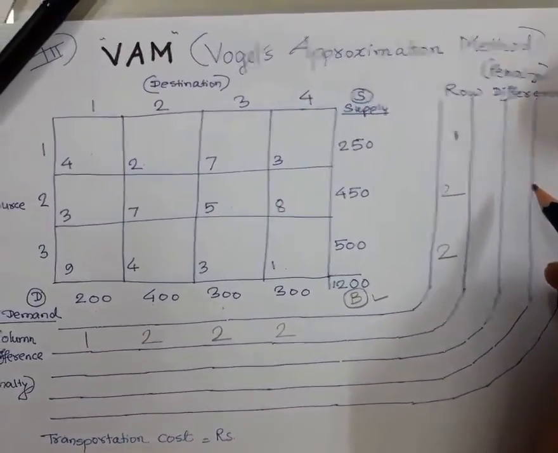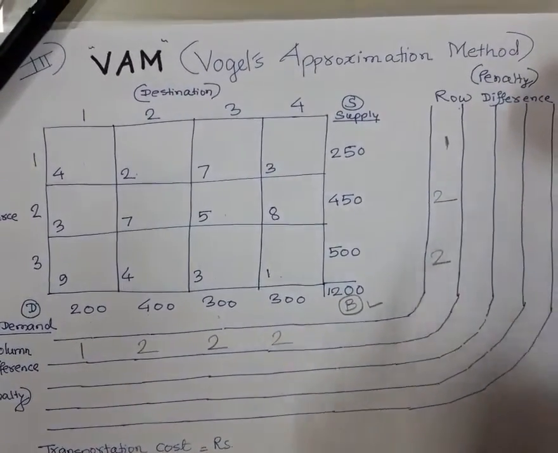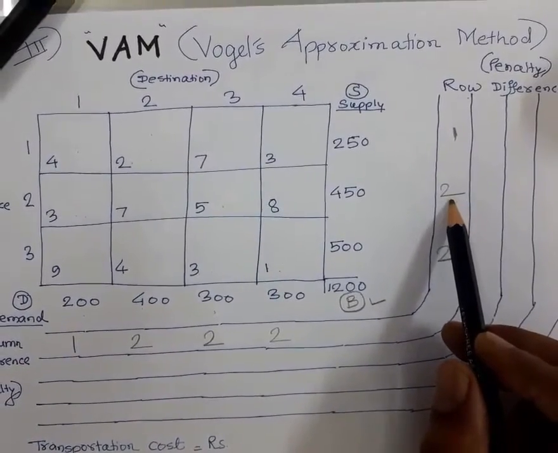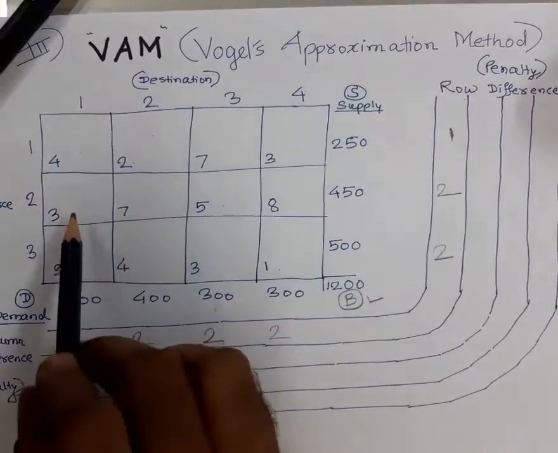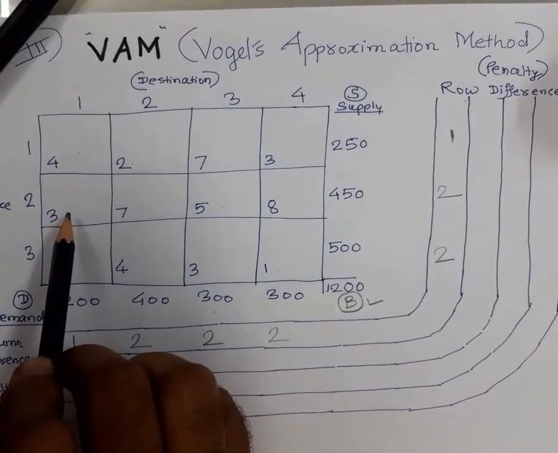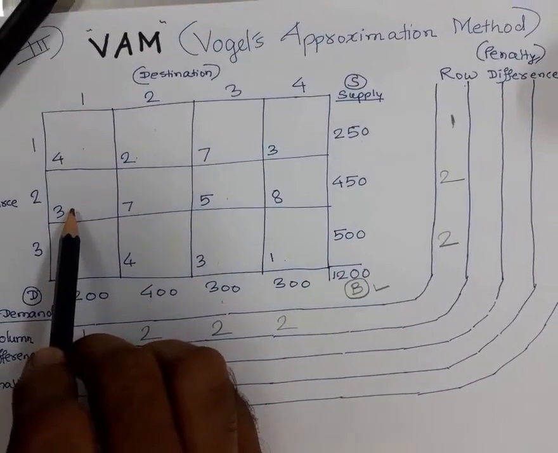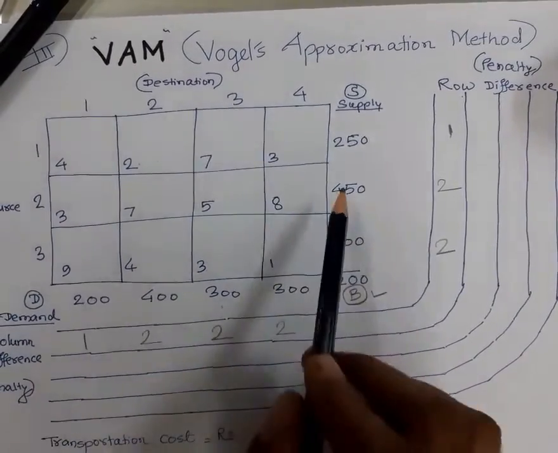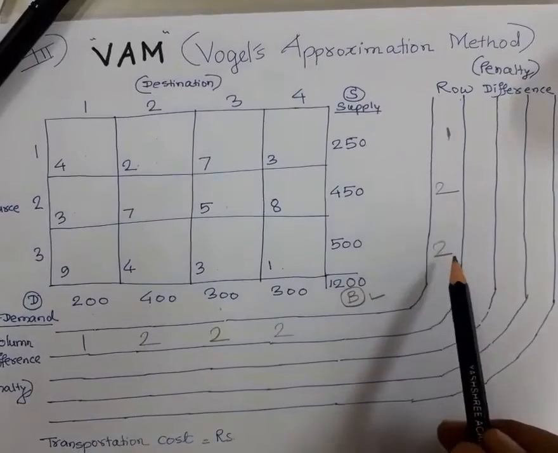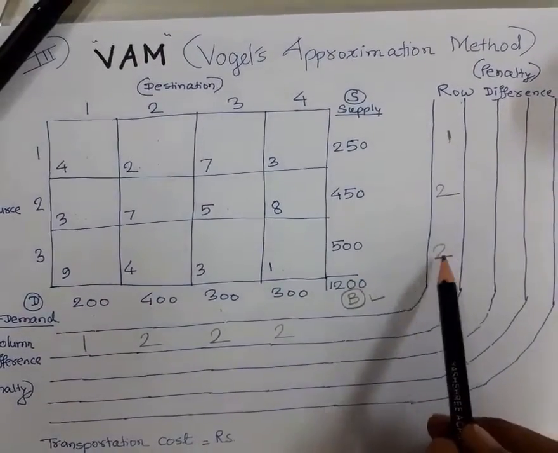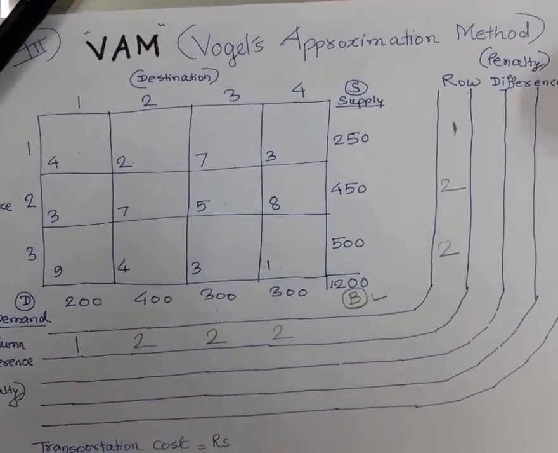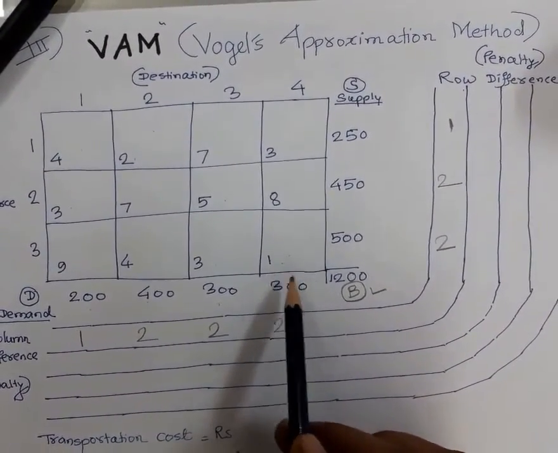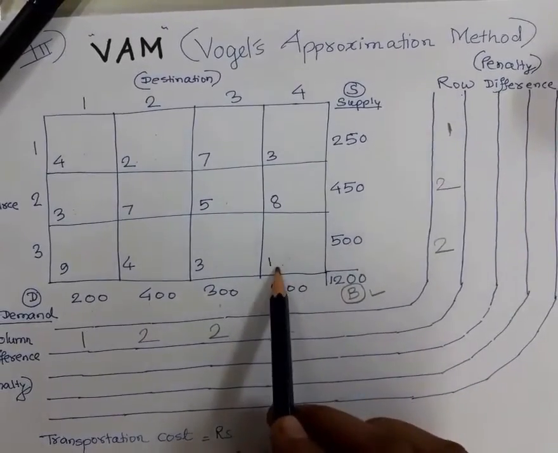so select the number where we can allocate maximum units. Now suppose if we select these two for allocations, see the second row, smallest transportation cost is 3. For this cell I can allocate 200 here out of 450. Okay. For the third row, smallest is 1. Smallest transportation cost is 1, where I can allocate 300 out of 500.